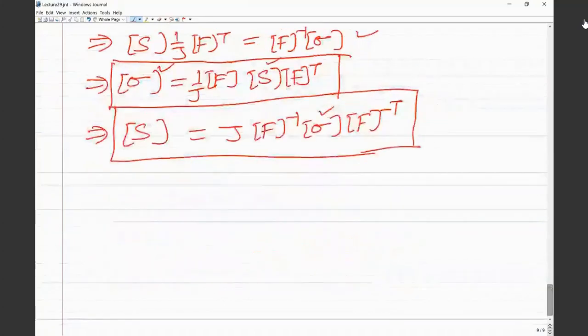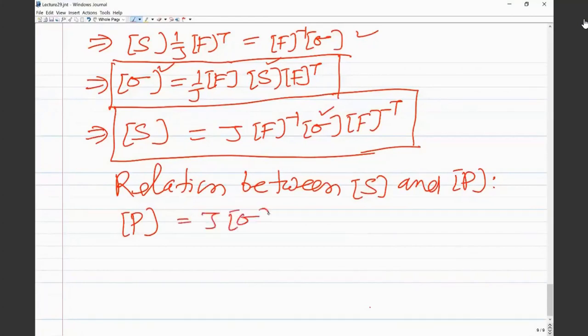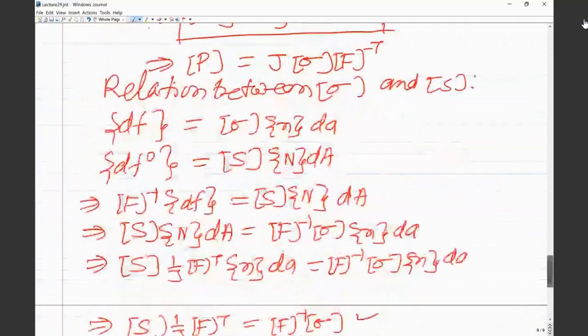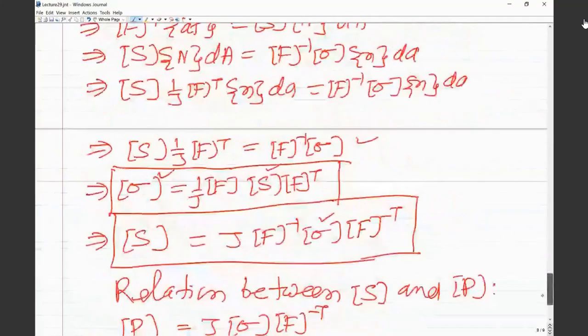So now similarly, you can derive the relationship between S and P. We have already seen that P is nothing but J into sigma into F inverse transpose.